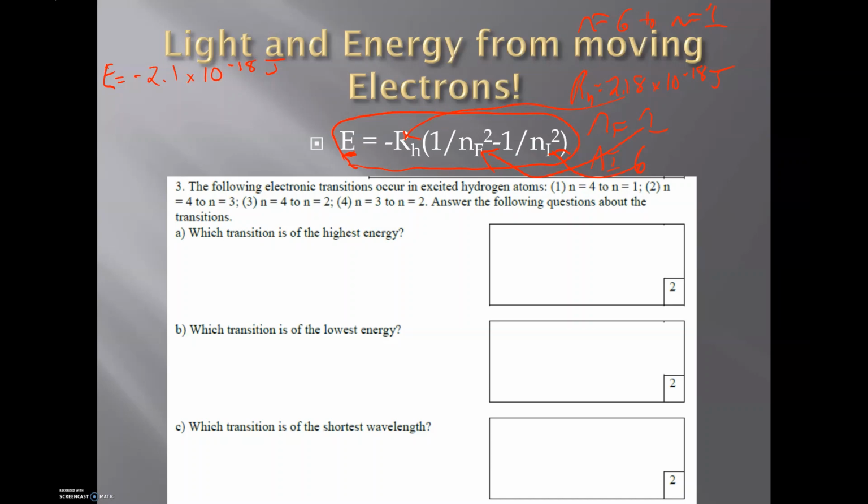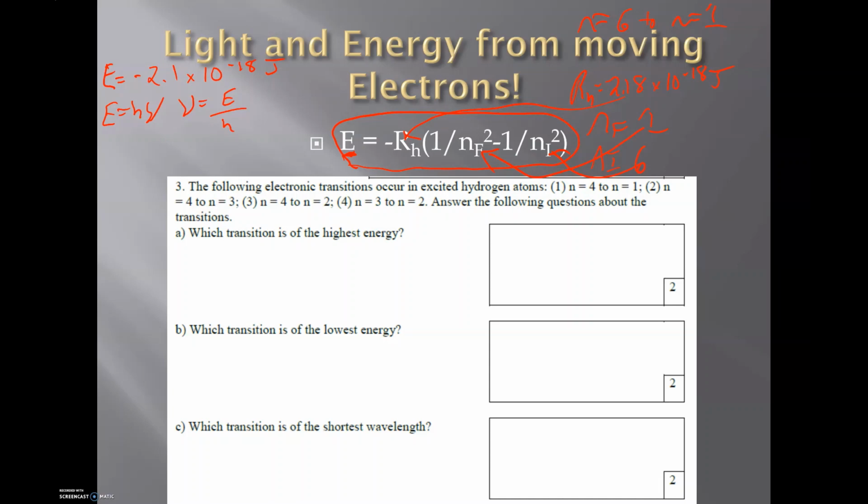To figure out the wavelength, what we're going to have to do next is use Planck's equation. E is equal to h nu. And we're going to solve for the frequency by dividing the energy by Planck's constant. So I'm going to go ahead and do that now. Remember, Planck's constant is 6.626 times 10 to the negative 34.